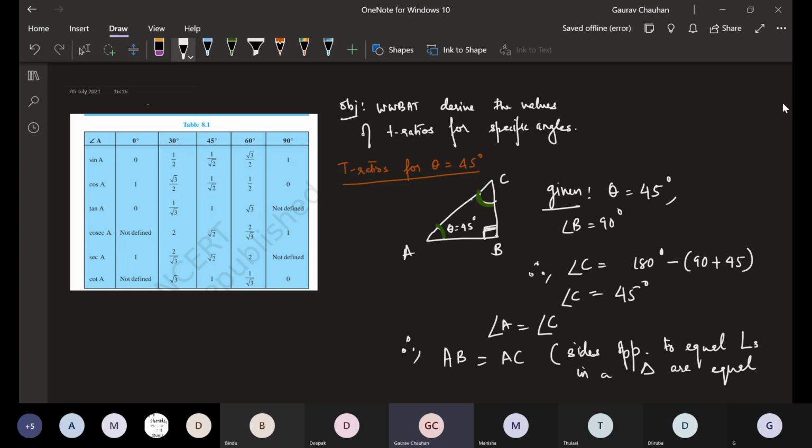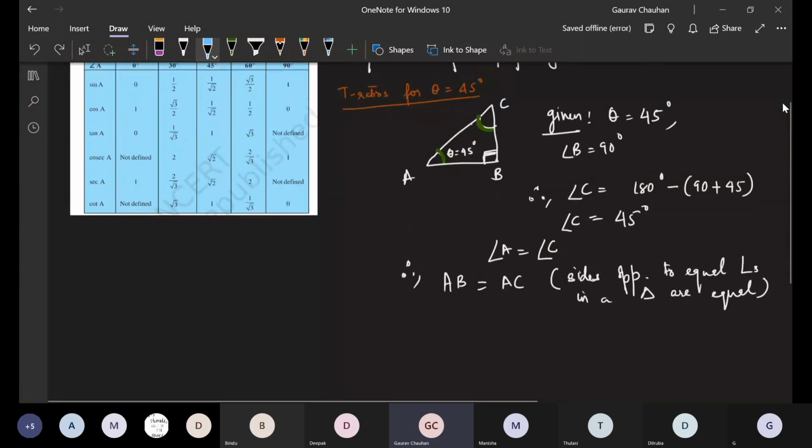BC is opposite to angle A, and AB is opposite to angle C. So these two sides have to be equal, as this has become an isosceles triangle now. Even though we did not know it at the beginning, right now we know it.